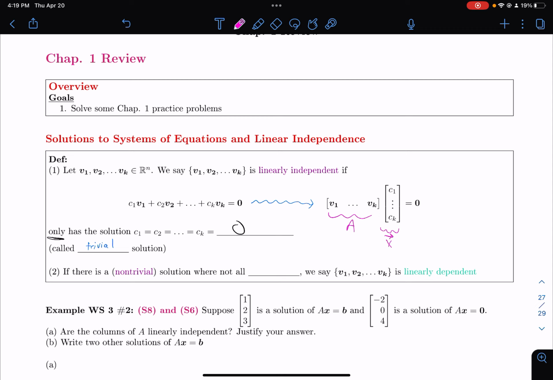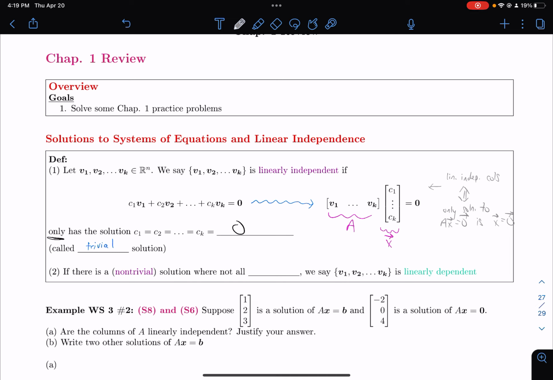Another way to say this is that if v1 up until vk are linearly independent, that would mean that the only solution to this equation is when all of these entries are 0. So linearly independent columns is equivalent to saying the only solution to Ax equals 0 is x equals 0.